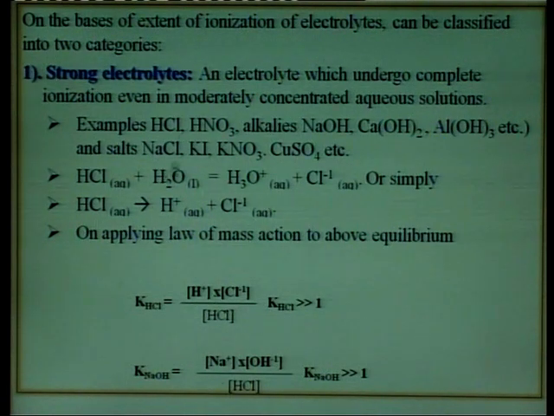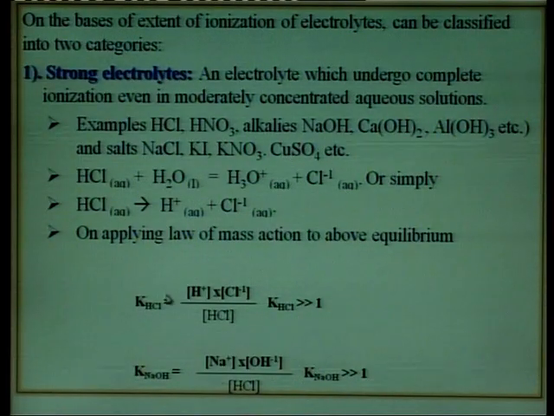Other examples of strong electrolytes are hydrochloric acid, nitric acid, some alkalis such as potassium hydroxide aqueous solution, lime water, that is calcium hydroxide, aluminum hydroxide, etc. These are bases or alkalis. And many salts conduct electric current because they dissociate in aqueous solution.